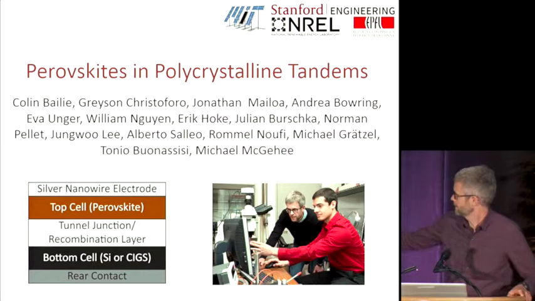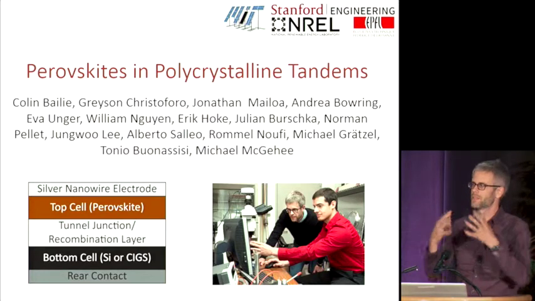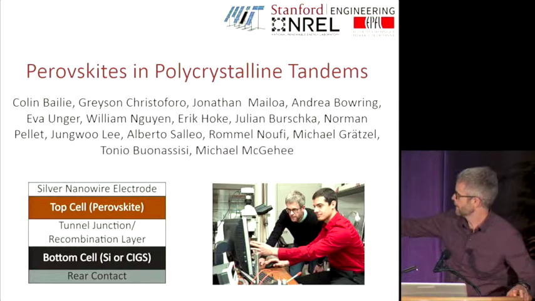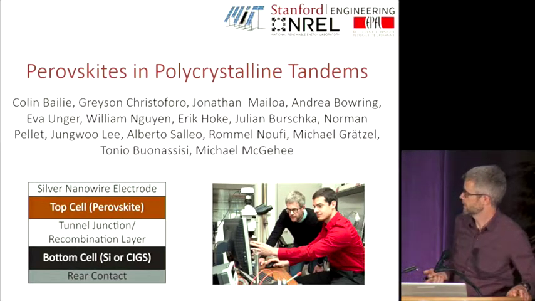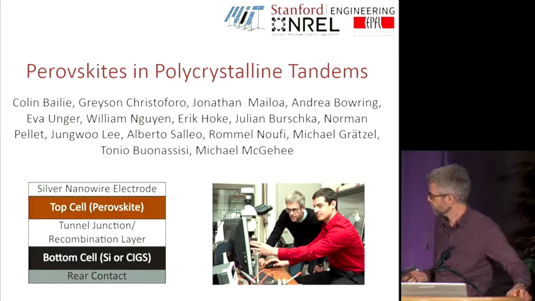And Colin Bailey has been the lead graduate student that has coordinated all of this and made it happen. But we've collaborated with Michael Gratzel to learn how to make good perovskite cells, and we get our silicon solar cells from Tonio Buonassisi at MIT, and we get our CIGS solar cells from Rommel Noufi at NREL.